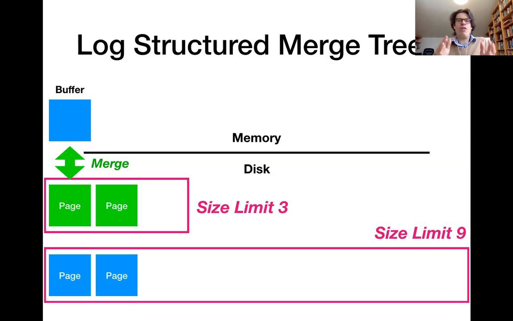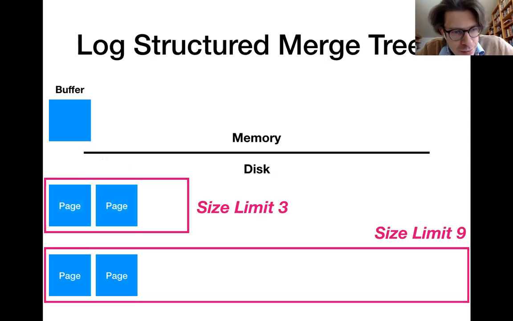The output of that is a sorted sequence that contains two pages and combines the content of the buffer with the content of the middle level. So after the merge, now we have two pages at the middle level, which is still below the capacity.